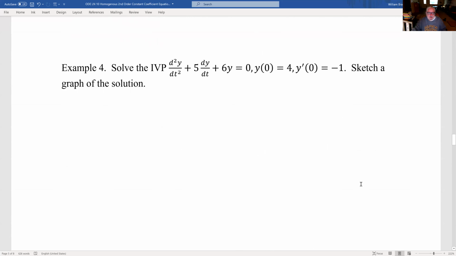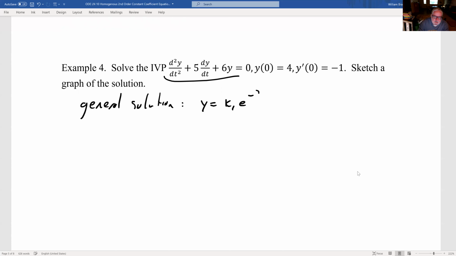So here's an initial value problem. What does the solution of this look like? Well, we found the general solution to this above. We just have to match the initial conditions.